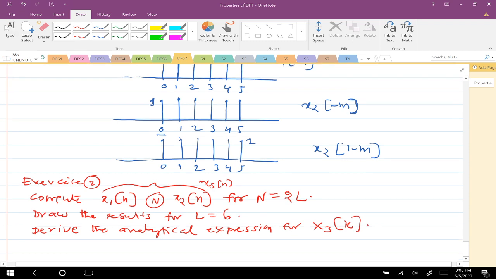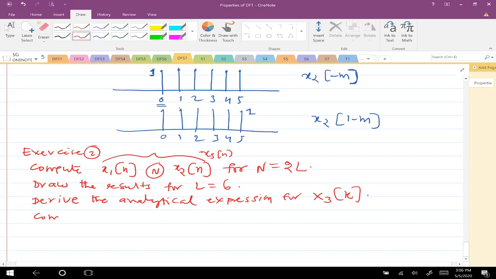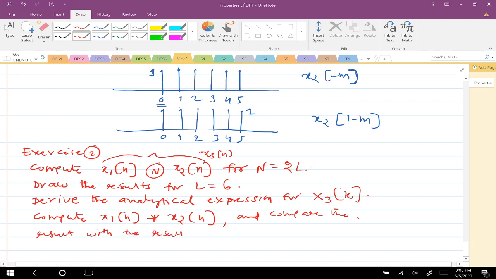And then also do one more thing: compute the linear convolution of x1 of n with x2 of n, and compare this result with the result from circular convolution.